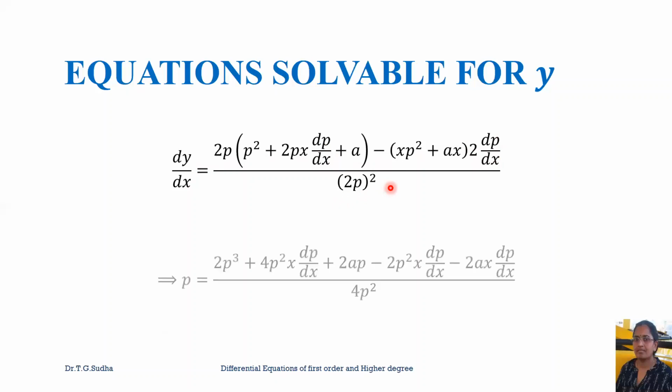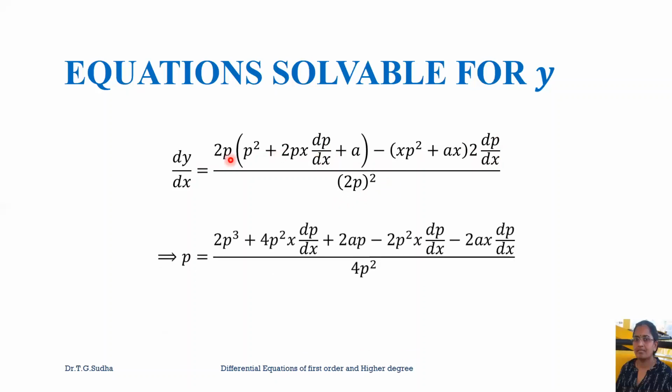Let us simplify this, that is, let us multiply and remove the brackets in the numerator. So we get 2p cube plus 4p square x into dp by dx plus 2ap minus 2p square x into dp by dx minus 2ax into dp by dx, whole thing divided by 4p square. On the left hand side, for dy by dx, one can substitute p.